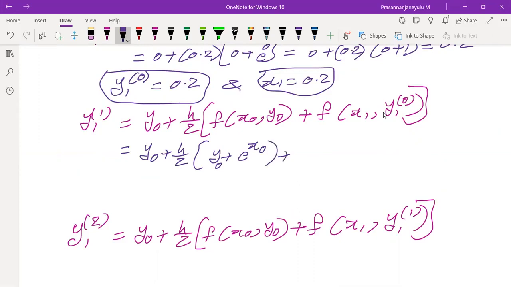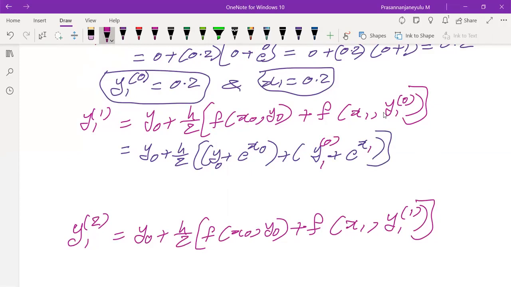Plus, what is the second term? F of x1 comma the zeroth approximation of y1. Here we use the same formula, f of x comma y equals y plus e power x, but in place of y we have the zeroth approximation of y1, and in place of x we have x1.